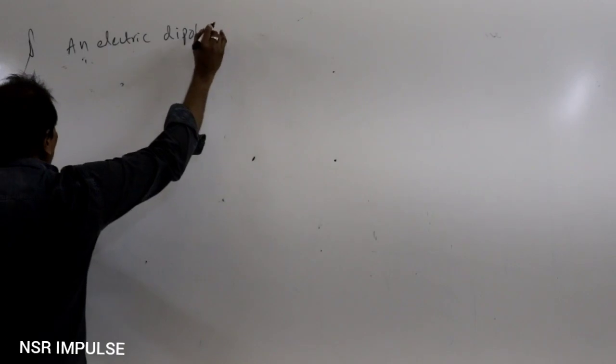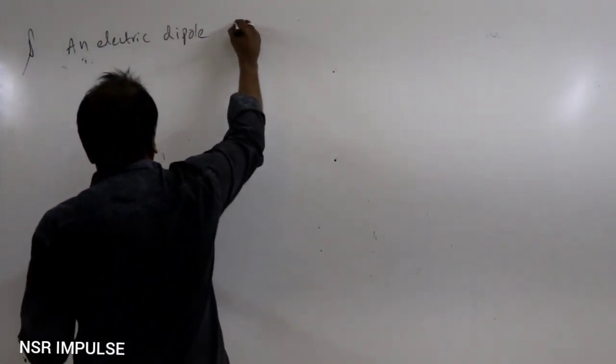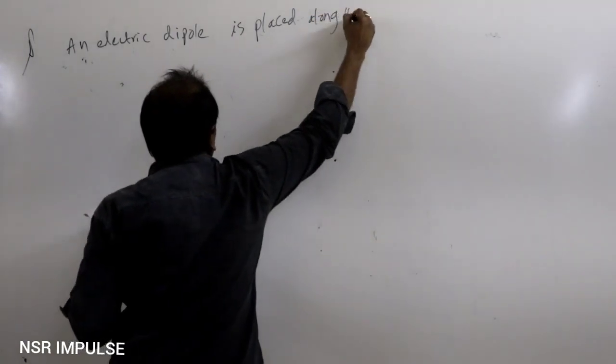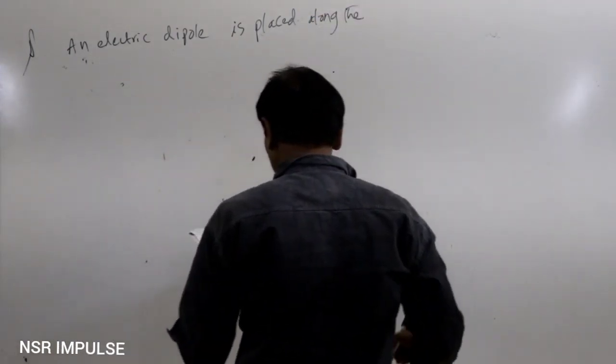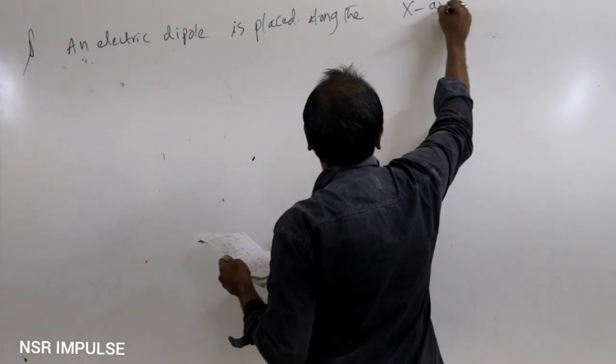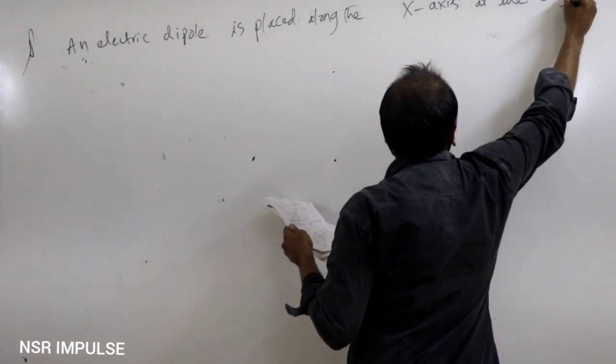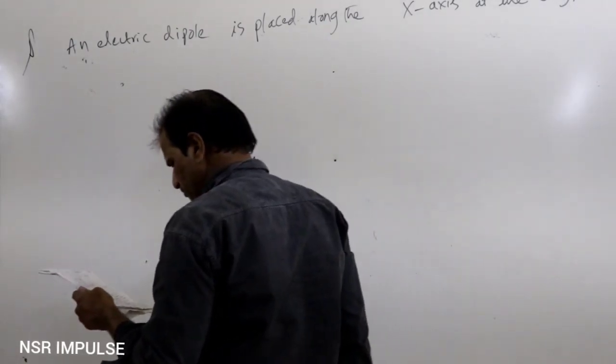An electric dipole is placed along the x-axis at the origin.